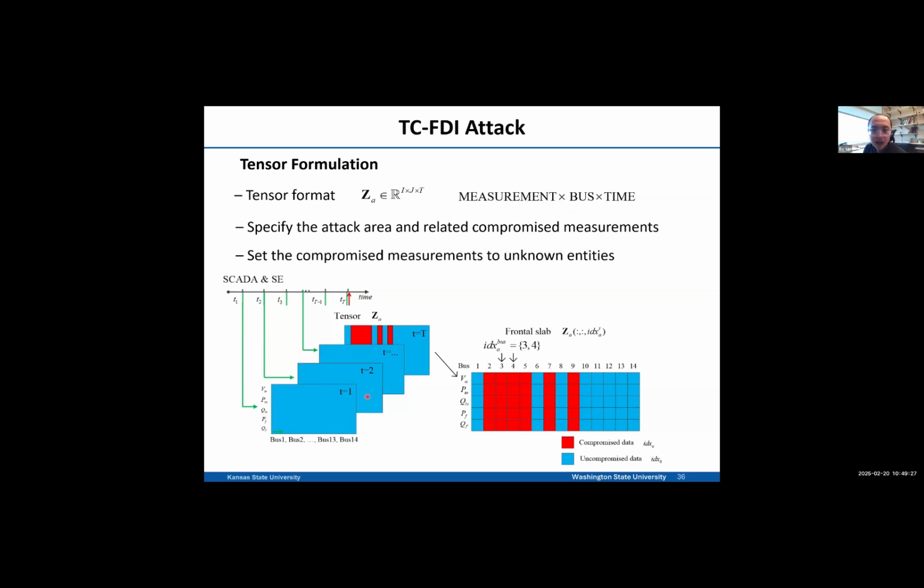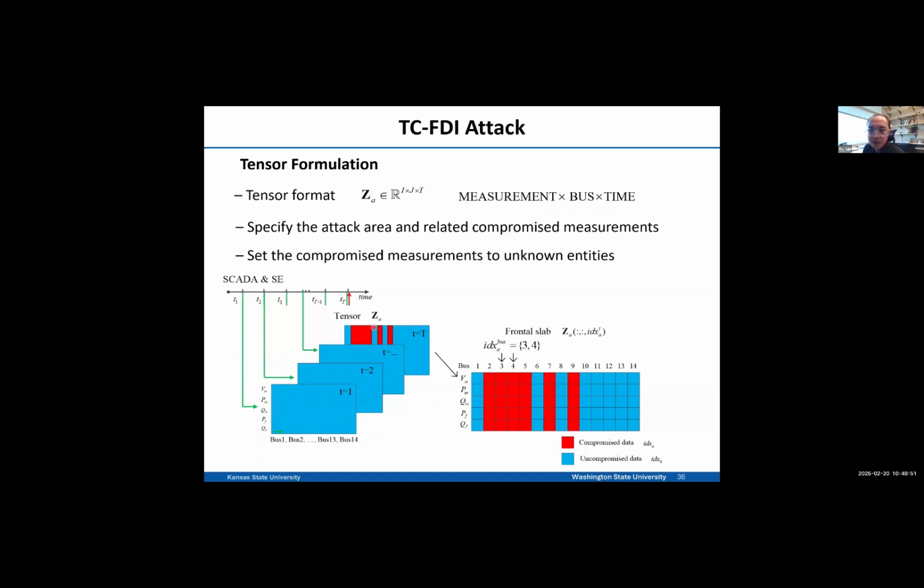And a slab is a two-dimensional section of the tensor. For each slab, the x-axis is the bus index, and the y-axis includes the measurements like the voltage magnitude, power injection, and power flow. So after the attacker collects enough historical measurements, she can launch the attack at the current time.